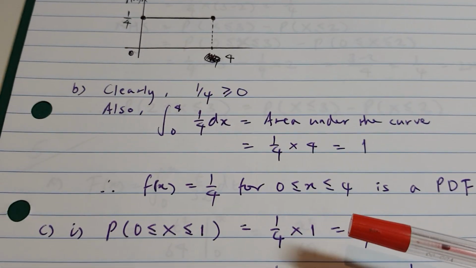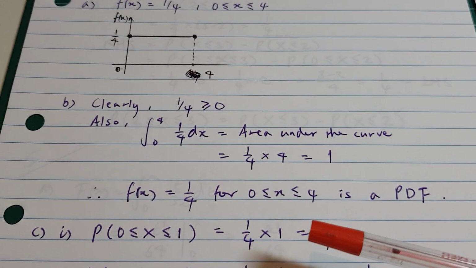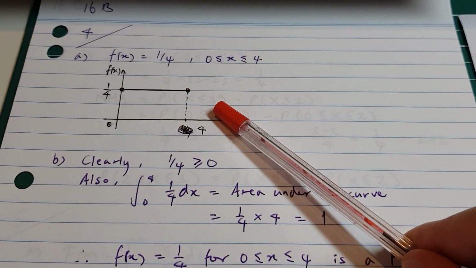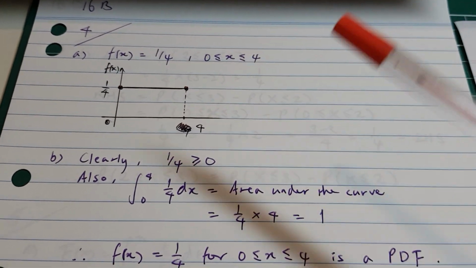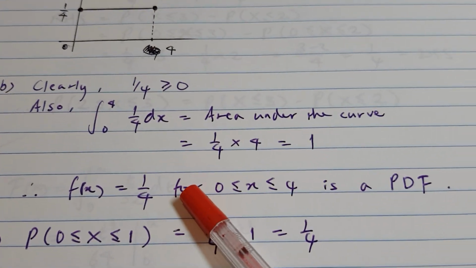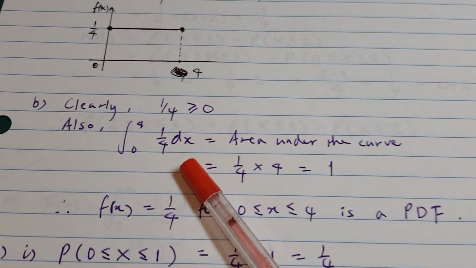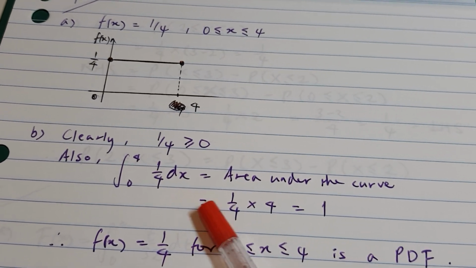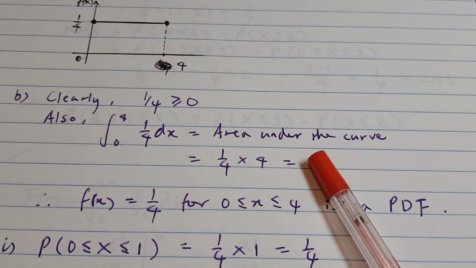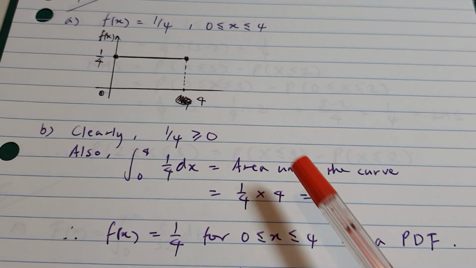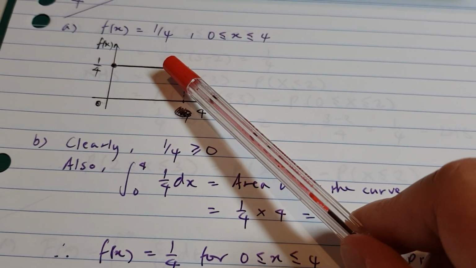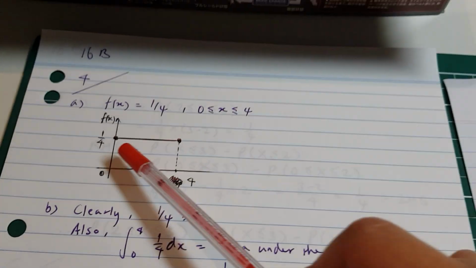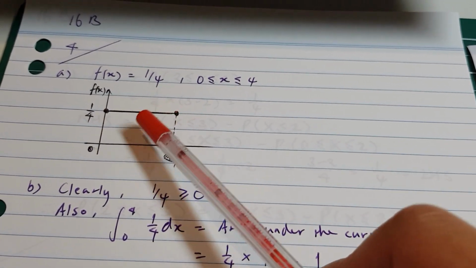All right, part B. Remember, you had to show that it's actually a PDF. The first condition is pretty much ticked off because a quarter is obviously positive. Now the definite integral evaluation, from 0 to 4 of a quarter dx. Notice I haven't actually done the integration. Performing that integration is basically finding the area under the curve.